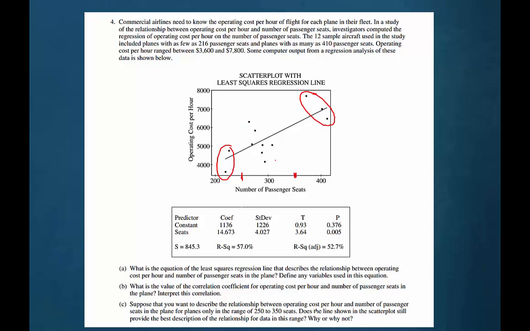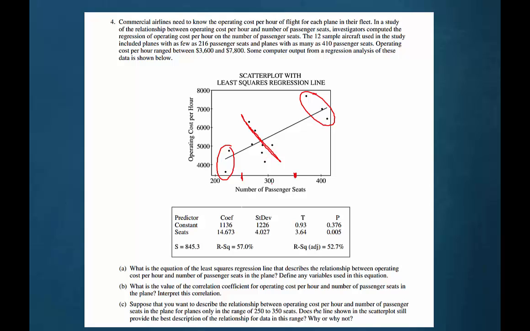And that would leave us with just this data grouping here. And this appears to have a negative slope. As a matter of fact, it's nothing like what this original line looks like.